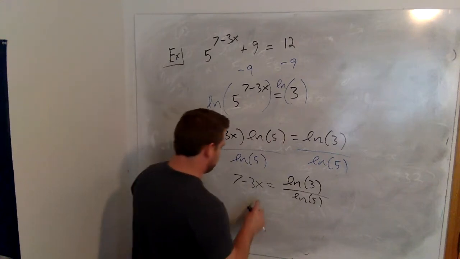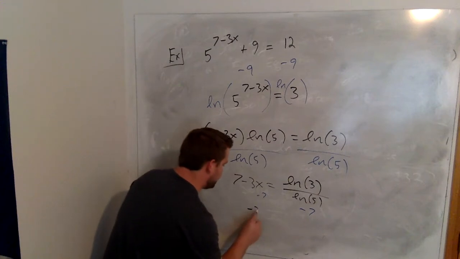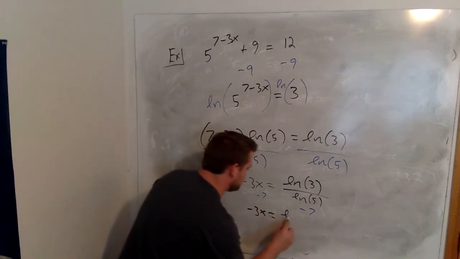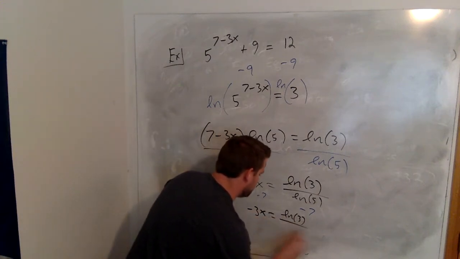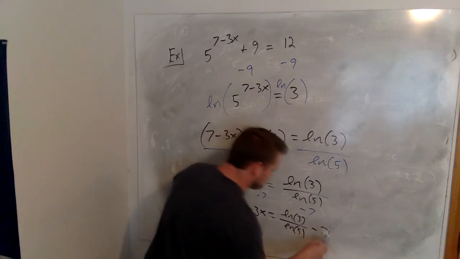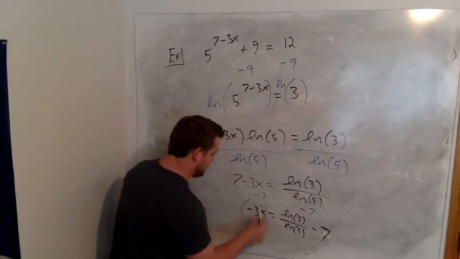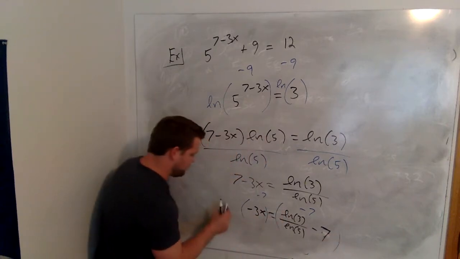Okay, we said, subtract 7 from both sides. So we'll get that negative 3x is equal to the natural log of 3 all over the natural log of 5 minus 7. And then we can multiply both sides by negative 1/3.